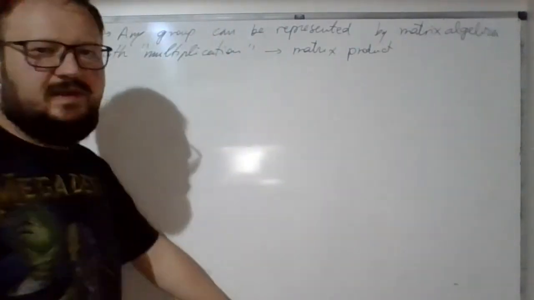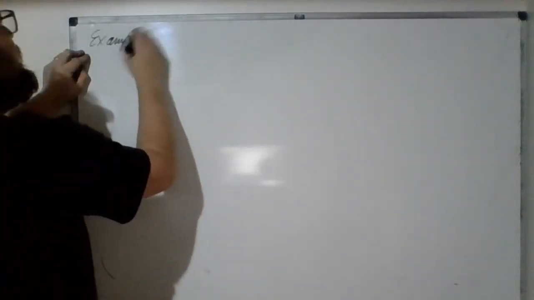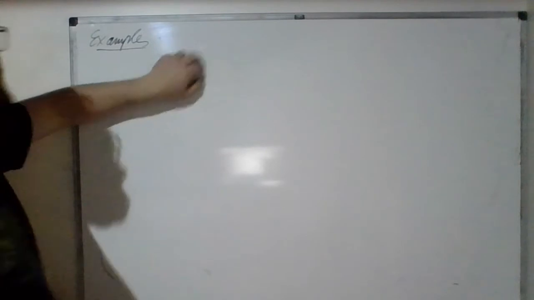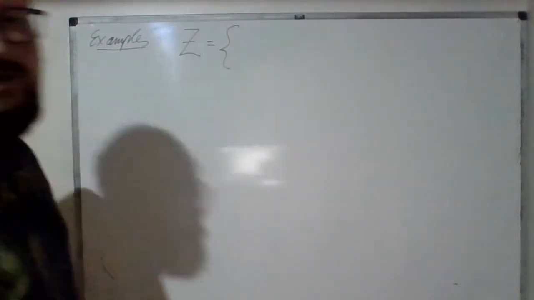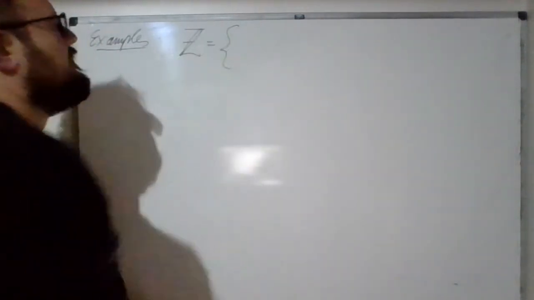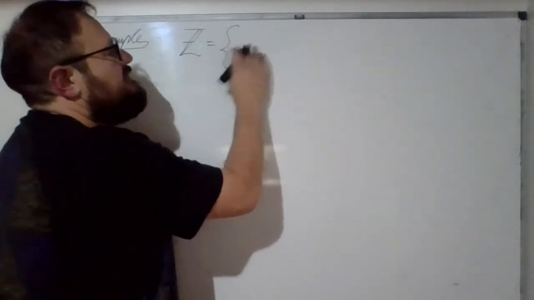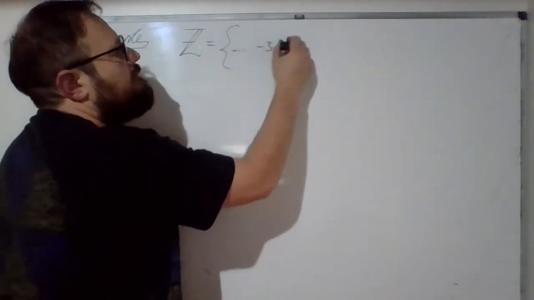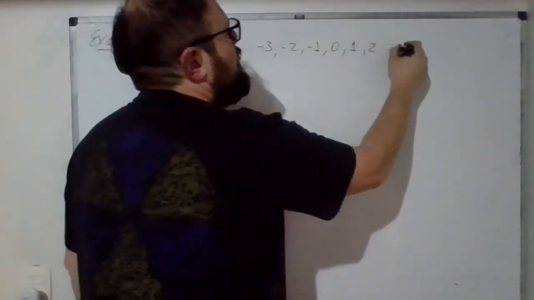So let us see some examples, perhaps not using matrices. Some examples. Integers, the set is the integers, okay? The Z set, the set of all integer numbers from minus infinity to infinity, including 0.